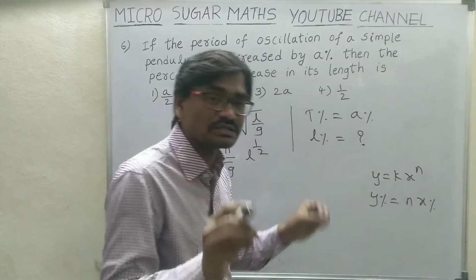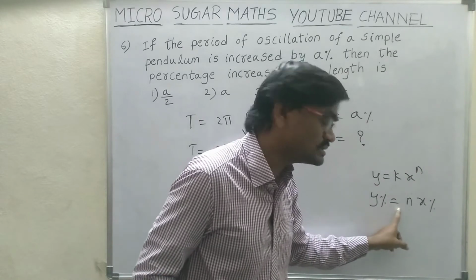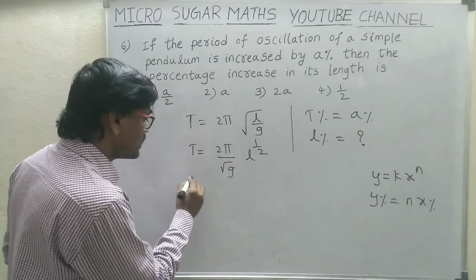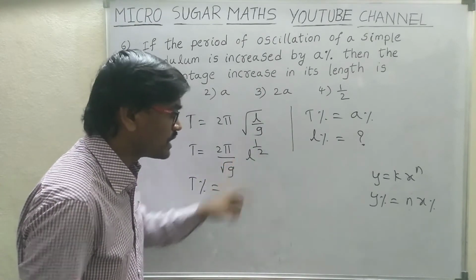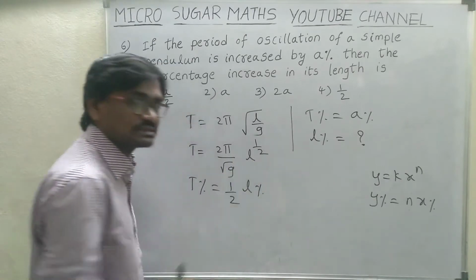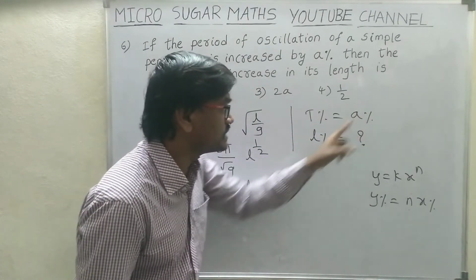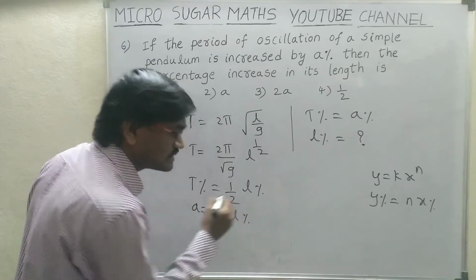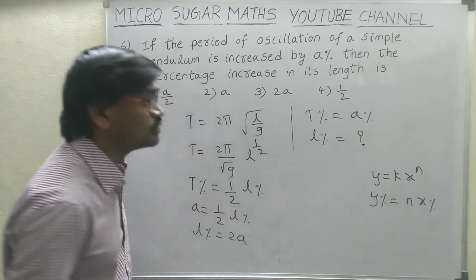Don't write the constant k. Only write the power n. Therefore our T percentage is equal to, what is the power? 1 by 2, write 1 by 2 into L percentage. Now students, here T percentage is given as a. Therefore, a is equal to 1 by 2 L percentage. Therefore, our required L percentage is 2a.